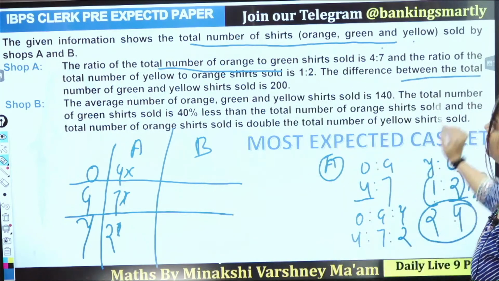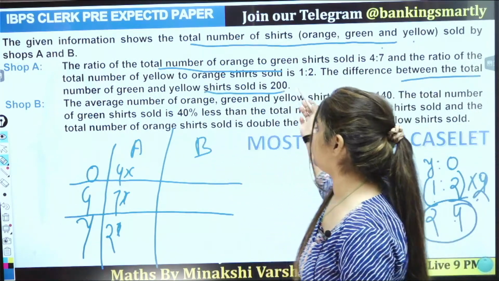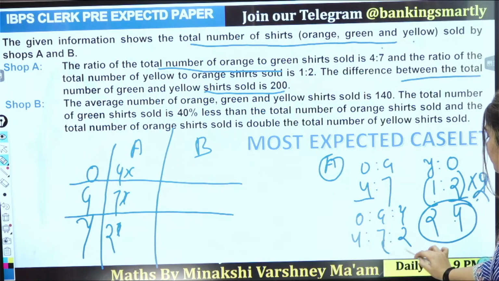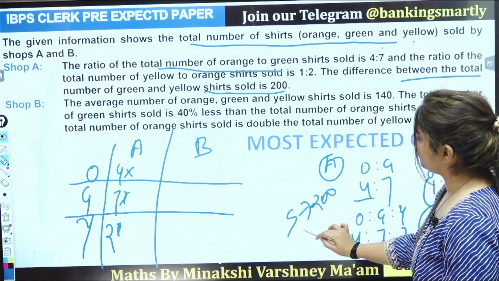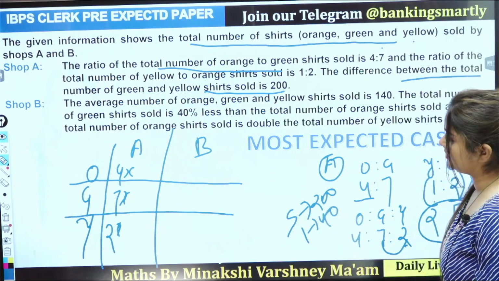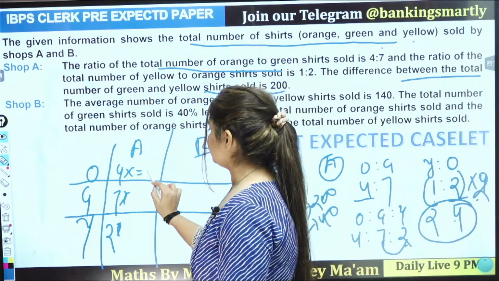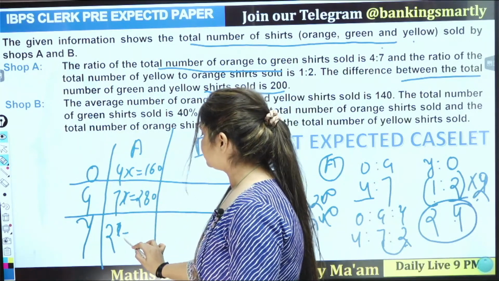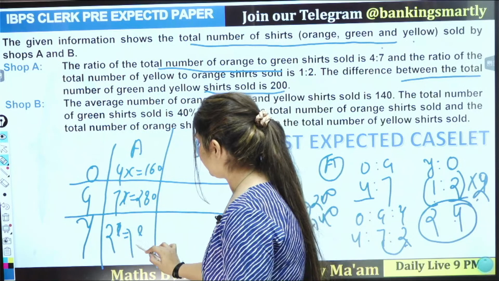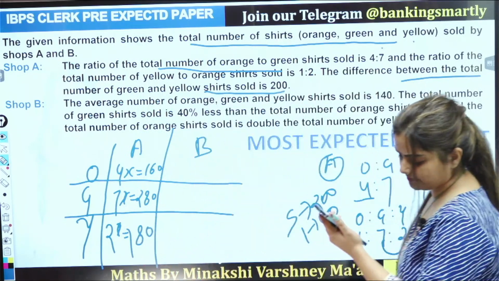The difference between the total number of green and yellow shirts is 200. So green and yellow, 7 and 2's difference is 5 units, and 5 units is giving 200. So 1 unit value is 40. 4 4s are 16, 7 4s are 28, 2 4s are 8, that is 80. Shop A data is done. Clear?